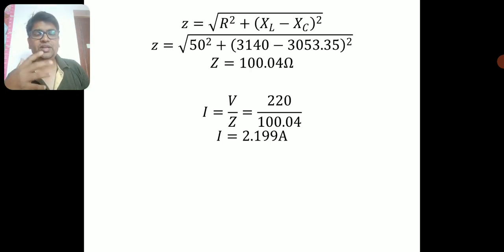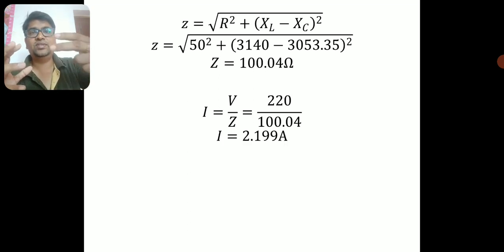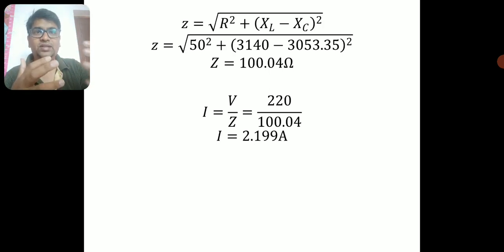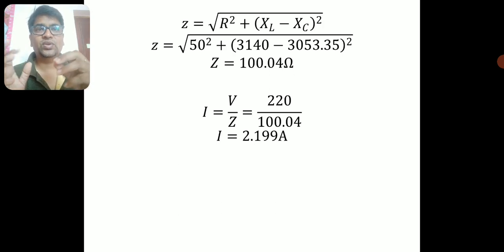Now after getting Z, it is easy for me to calculate the current just by Ohm's law. Current is V by Z. I am using Z, not R, because I am looking for the current with the presence of all three components. If all three components are there, then the opposition offered is Z. I have to take impedance, not just the resistance. If you take the resistance, you are forgetting the other two components.